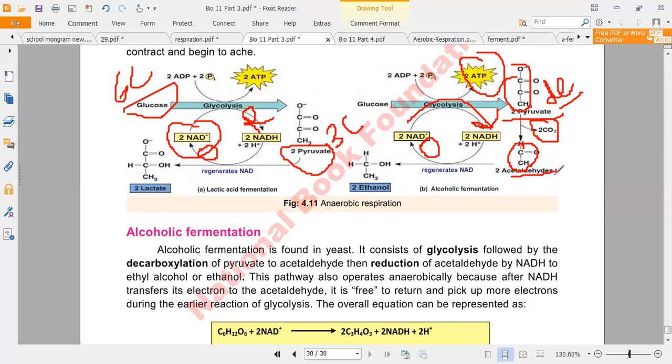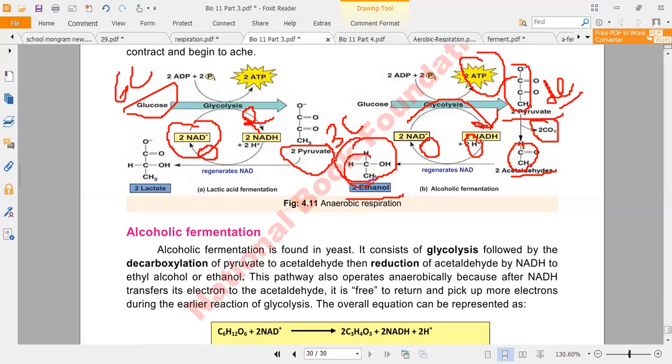This acetaldehyde is the intermediate product, not the final product. Acetaldehyde then changes into ethanol by adding hydrogen, and we get 2 molecules of ethanol. So this is our final product.